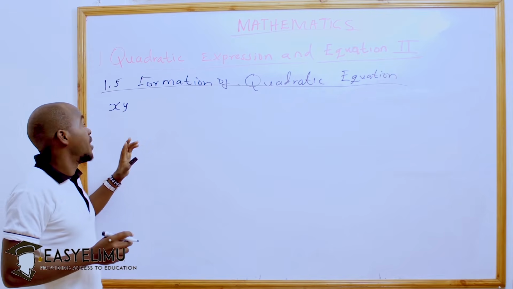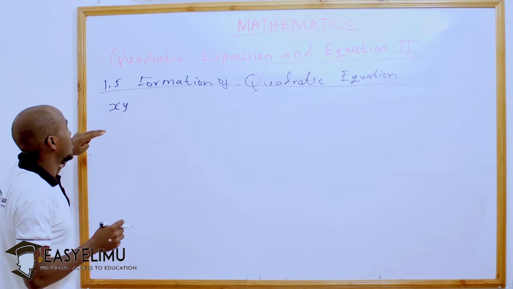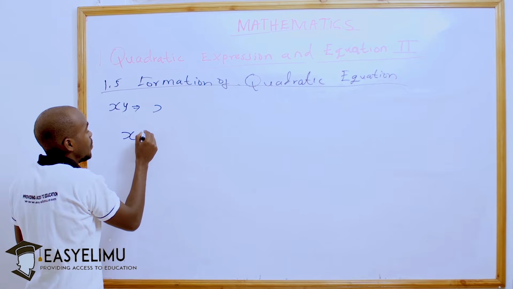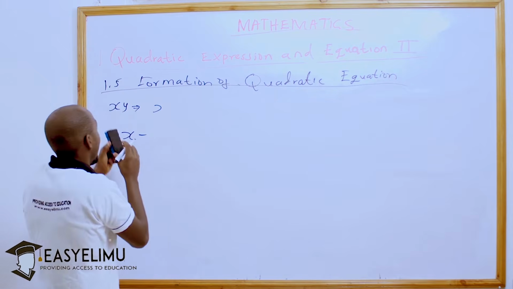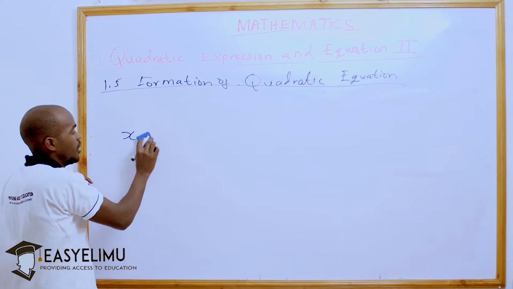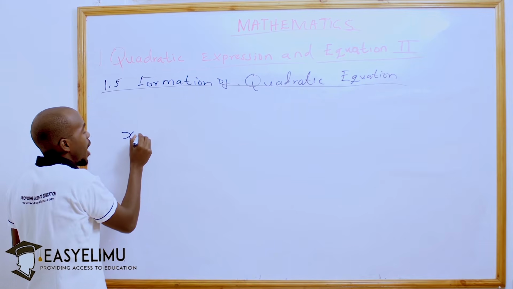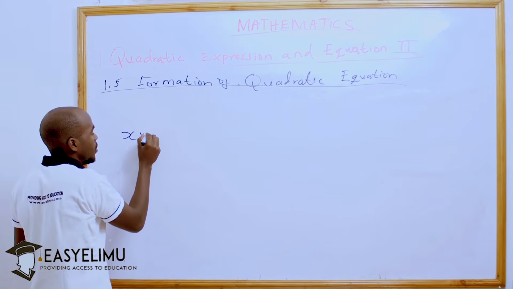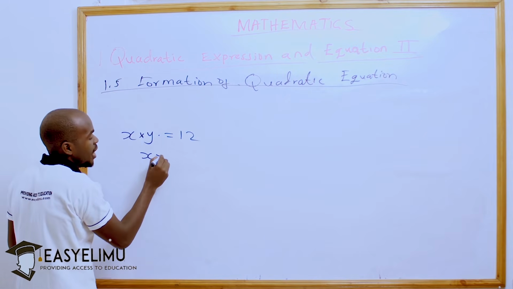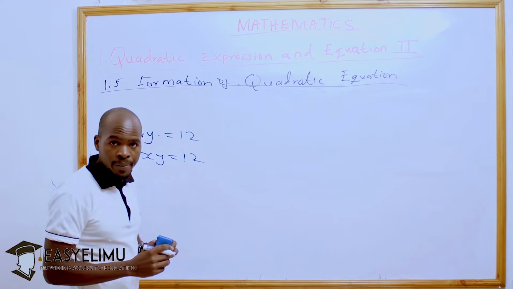In that case, if we take the digits, x multiplied by y, we should get 12, meaning that xy equals 12.